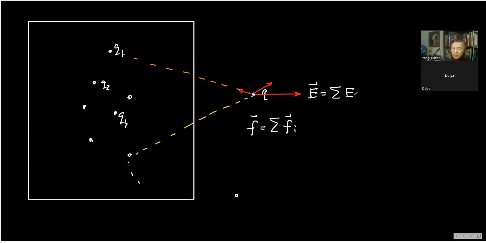This is a field generated by each of these remote charges. And then if we ask what is the force, we don't have to do this sigma. We only need to find this product. Can you see that? Think about it, all right?